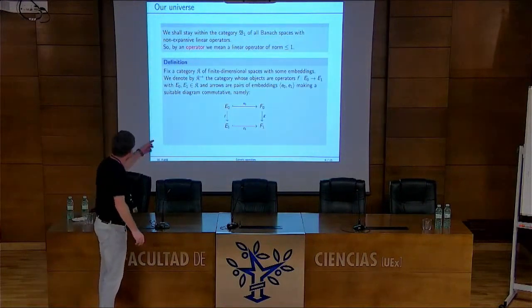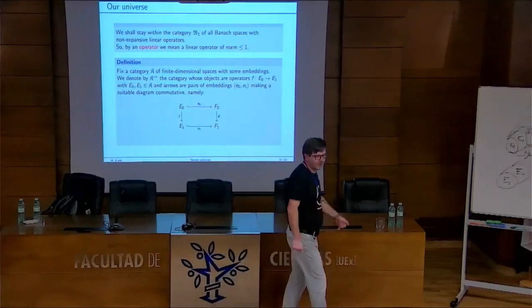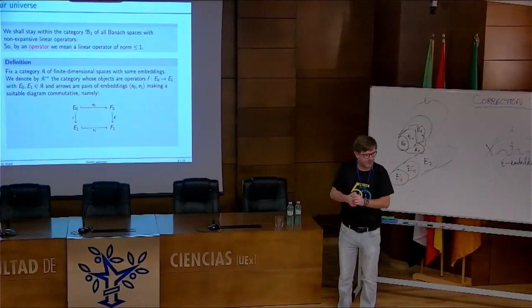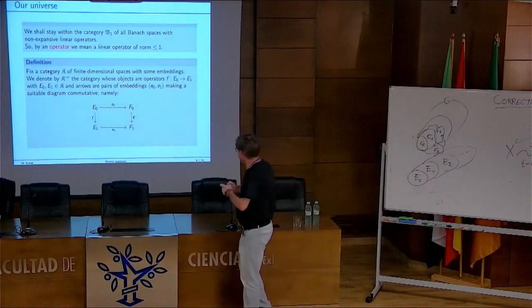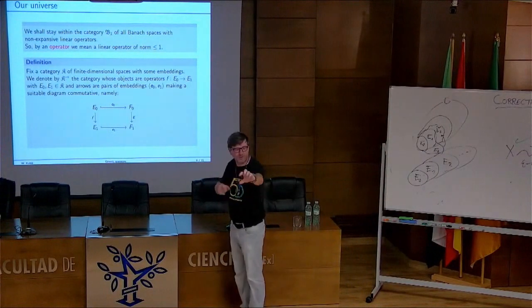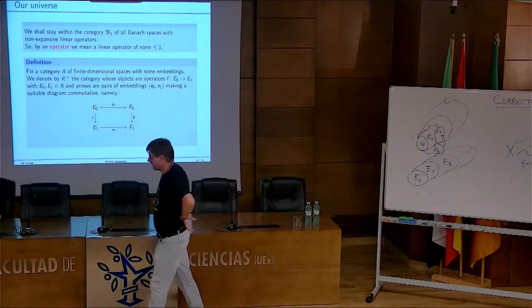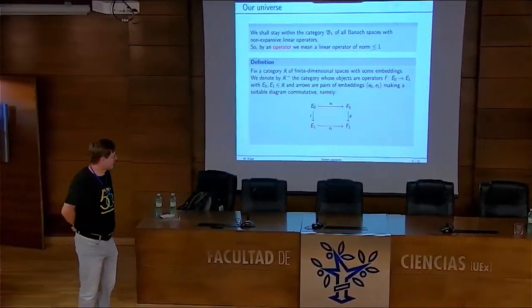And now, this one is that the objects are not Banach spaces, but these are just operators between Banach spaces, okay? And arrows are, I should have used colors here, arrows are those horizontal pairs of embeddings. It makes perfect sense. I think people call it comma category or slice, I don't remember exactly.